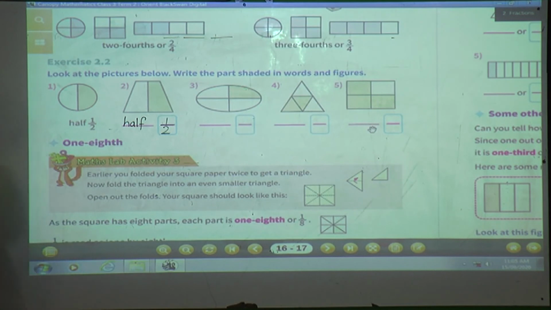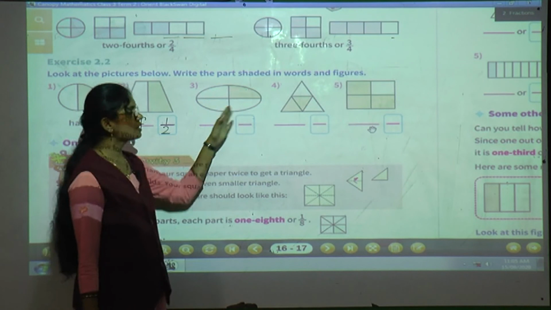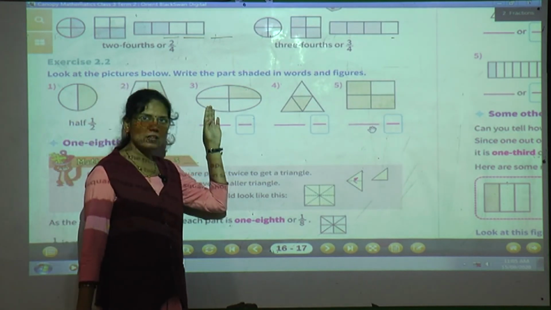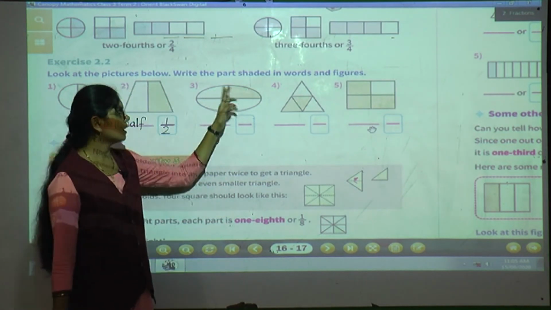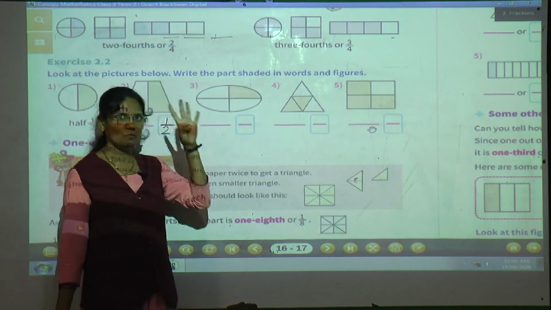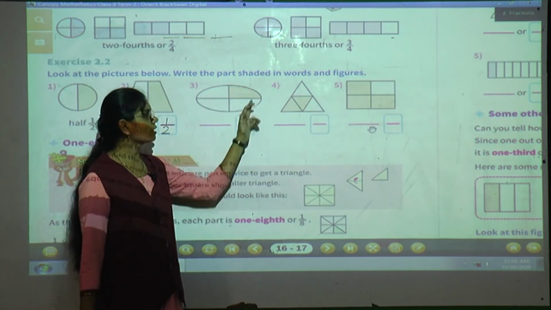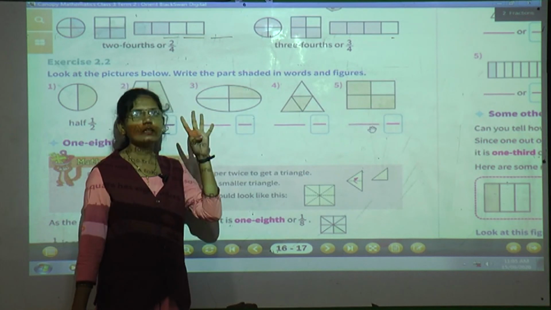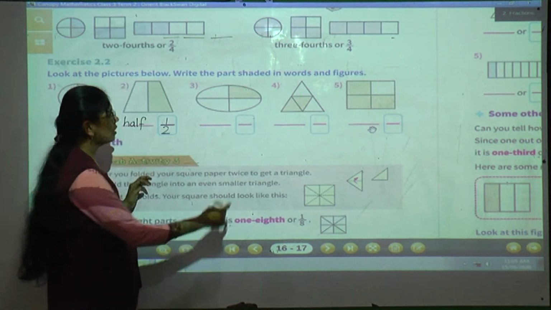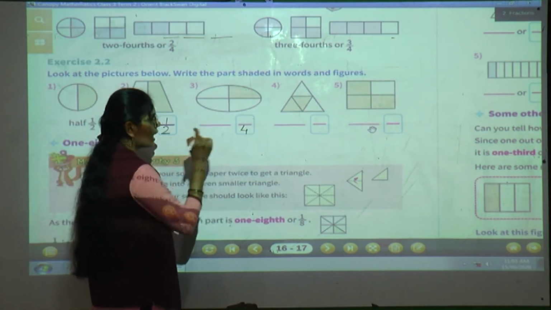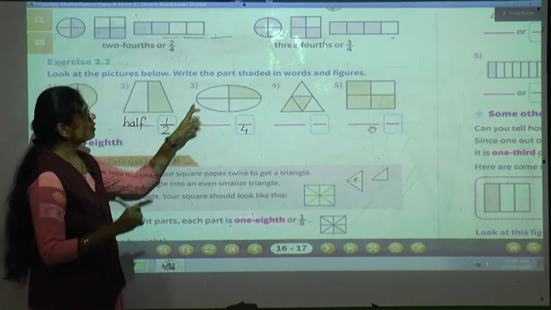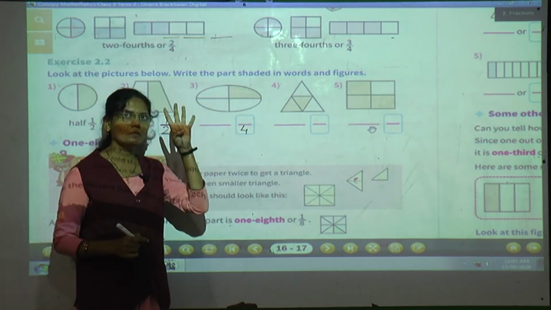shape. Again there is a circle, and see carefully, this circle is divided into how many equal parts now here? Yes, 1, 2, 3, 4 parts. This circle is divided into 4 equal parts. So here downside first of all we'll write 4, because this whole is divided into 4 equal parts.